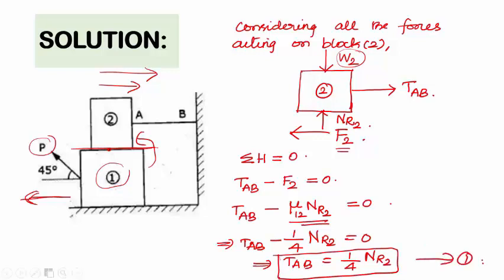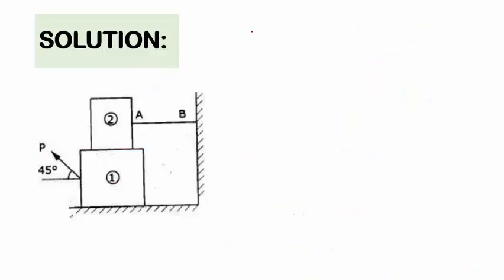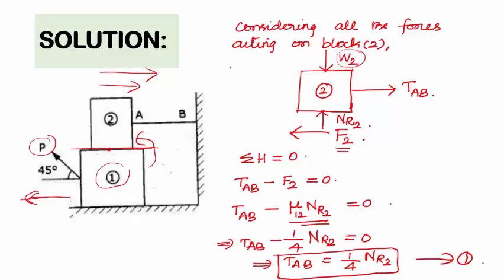Next, we apply the second equilibrium condition, that is, the summation of all the vertical forces acting on block 2 is equal to 0. We consider the forces acting along the positive y-axis with the positive sign and the forces along the negative y-axis with the negative sign.